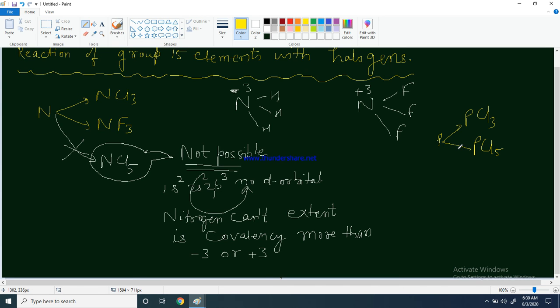Now we will see the reactivity of group 15 elements with metals.